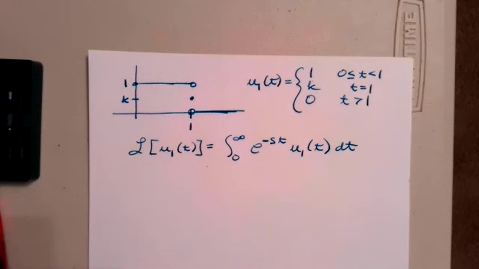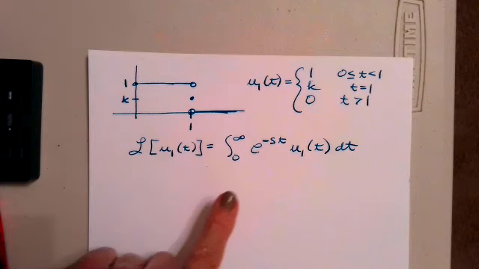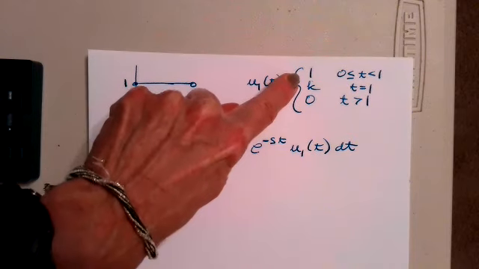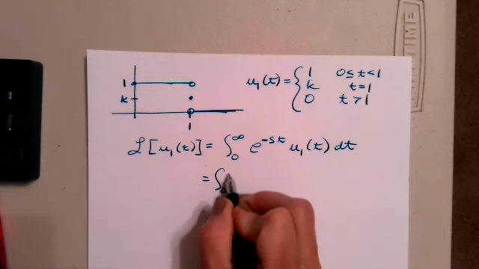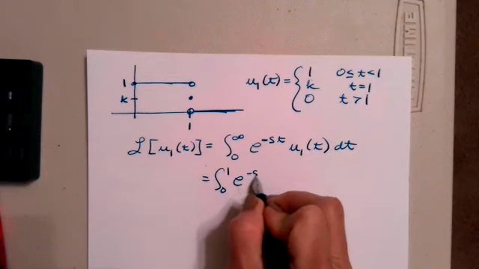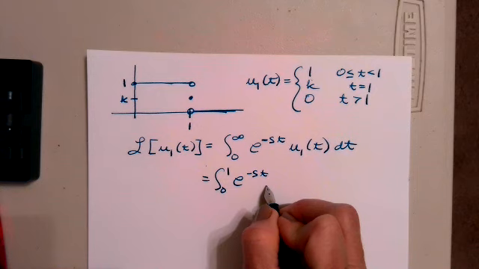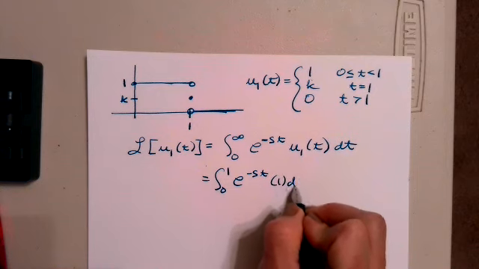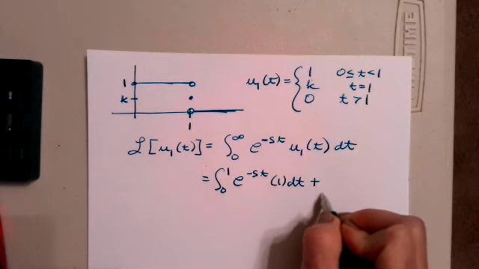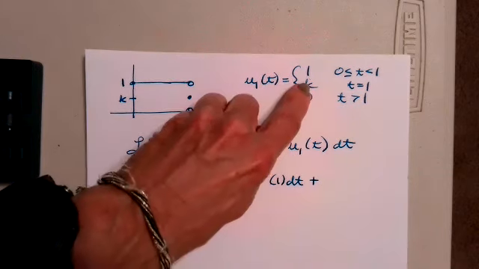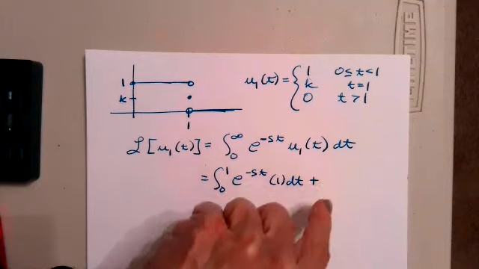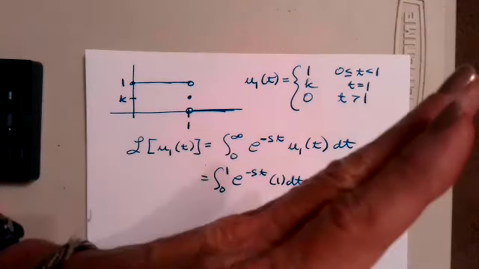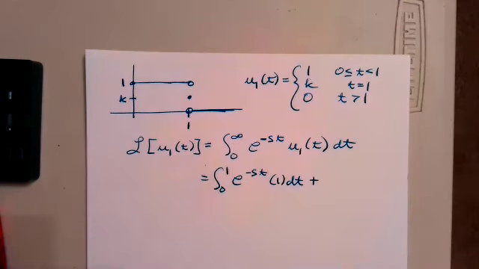Okay, so what does u1 of t do? Well, let's see, u1 is 1 when t is between 0 and 1, so the integral from 0 to 1 of e to the minus st, and u1 takes the value 1 there. If you want it, the value k is only at t equals 1, but if you took the integral from 1 to 1, that would be 0, because the integral over any point is 0.